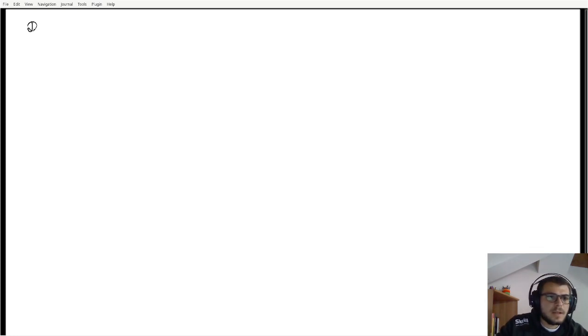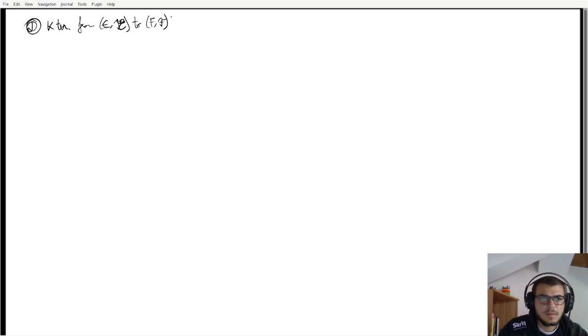Let's write it again. K is a transition kernel from E, script E, to F, script F. Let's write it as K from E cross sigma curly F to R extended.